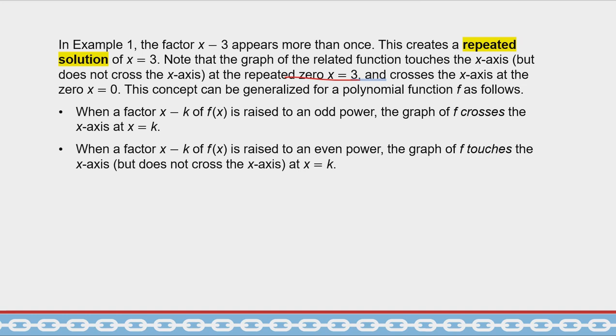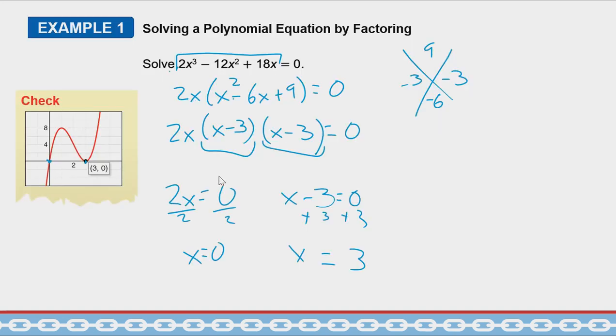Looking back, we could have rewritten this as 2x, that's really to the first power, so that's a cross. And then this is x minus 3 squared. This even power tells us that solution is just going to touch the graph like we see right here.